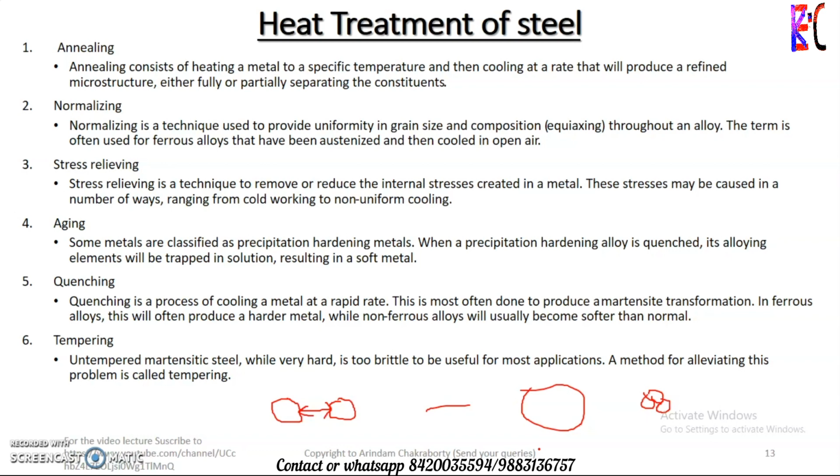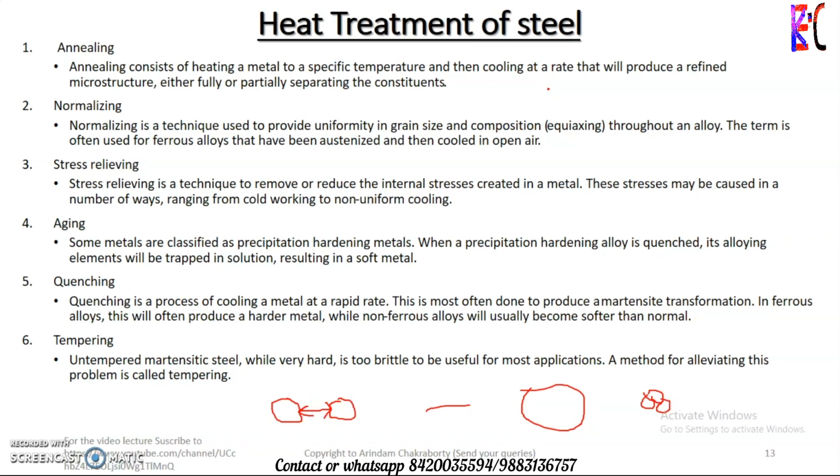Now, in short, what is annealing? Annealing is where, after applying heat, it depends on the cooling rate and the atmosphere, and the heat is released over a period of time.